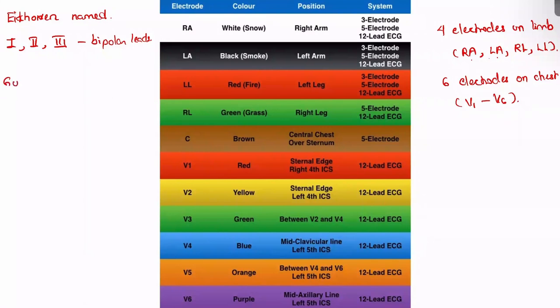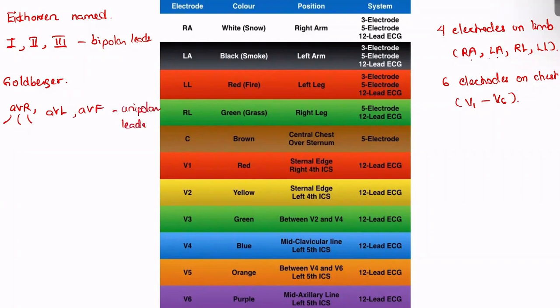Later on, Goldberger named aVR, that is augmented voltage right arm, aVL left arm, aVF foot. These are the unipolar leads, detecting the action potential at a single point.